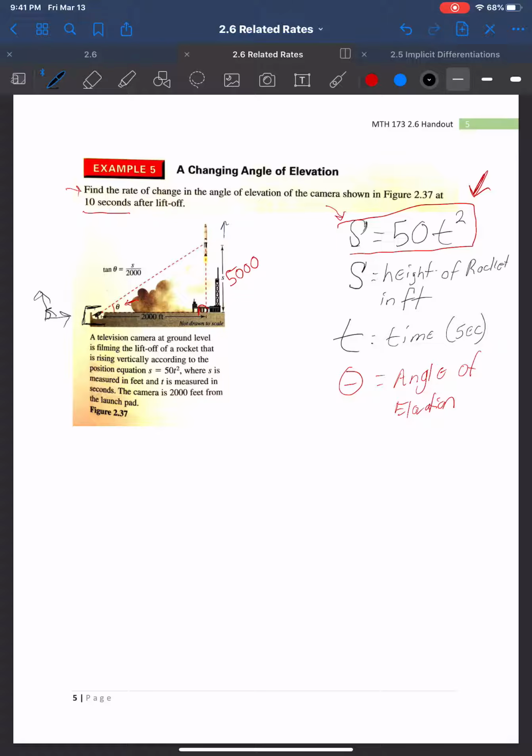I have the opposite and I have the adjacent. So what is the function that relates opposite and adjacent? Well, I'm hoping your trigonometry is readily at hand. Tangent is how you relate opposite to adjacent.